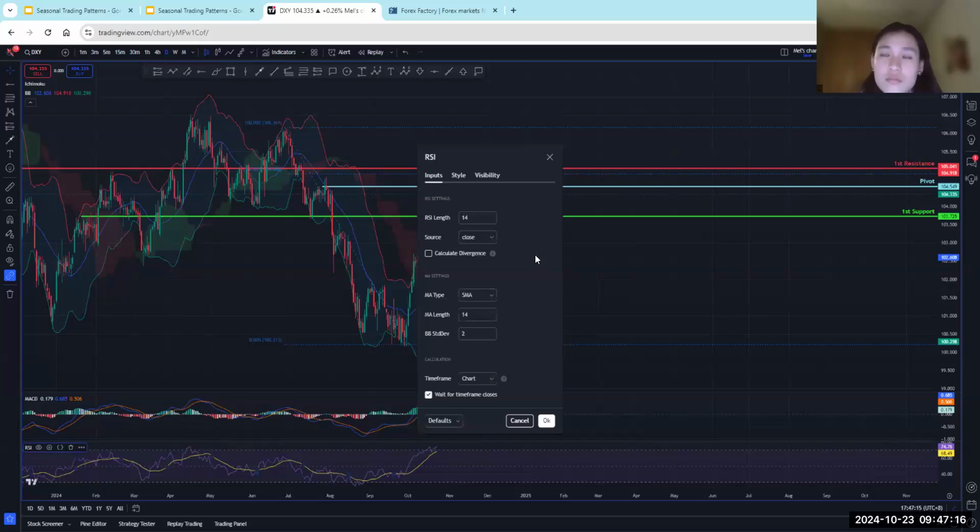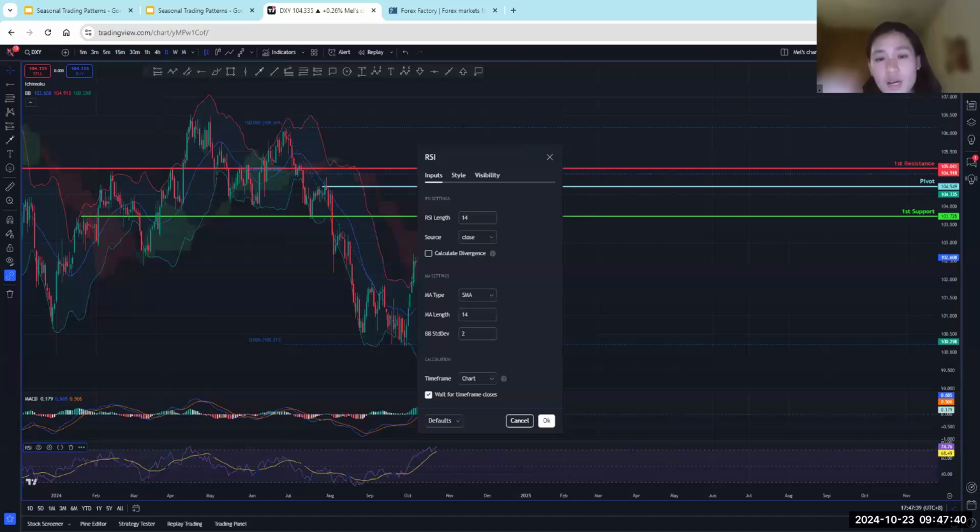Which I think is most commonly used as well, because it provides a balance between the sensitivity of the indicator as well as reliability. So it helps you to identify stronger overbought or oversold signals in your multi-day or multi-week trends.